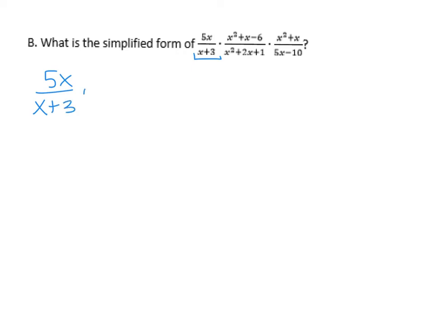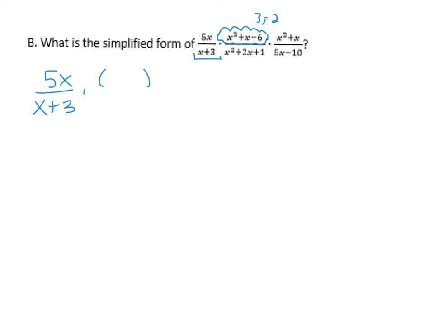In that second fraction, x squared plus x minus 6, can you think of two numbers that multiply to get negative 6, but add to get positive 1? How about 3 and negative 2? They would multiply to get negative 6 and add to get positive 1.